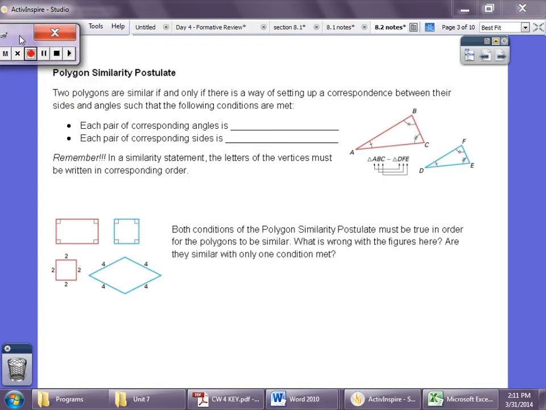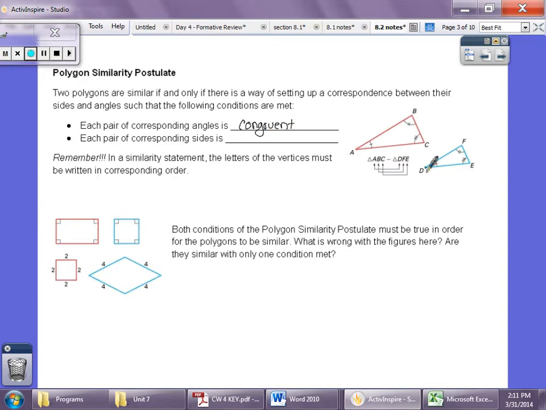So we have our polygon similarity postulate. Two polygons are similar if and only if there is a way of setting up a correspondence between their sides and angles such that the following conditions are met. If each pair of corresponding angles is congruent, so all of the angles have to be congruent.